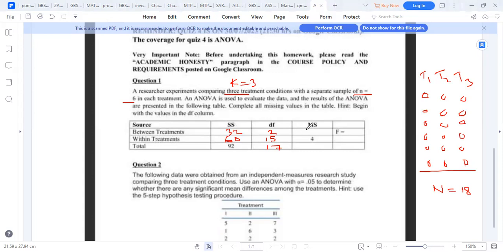There I will get 16. Then finally, how do we get the F calculated? We divide the mean square between over within. So 16 over 4, what do we get? 4. See how easy it is?